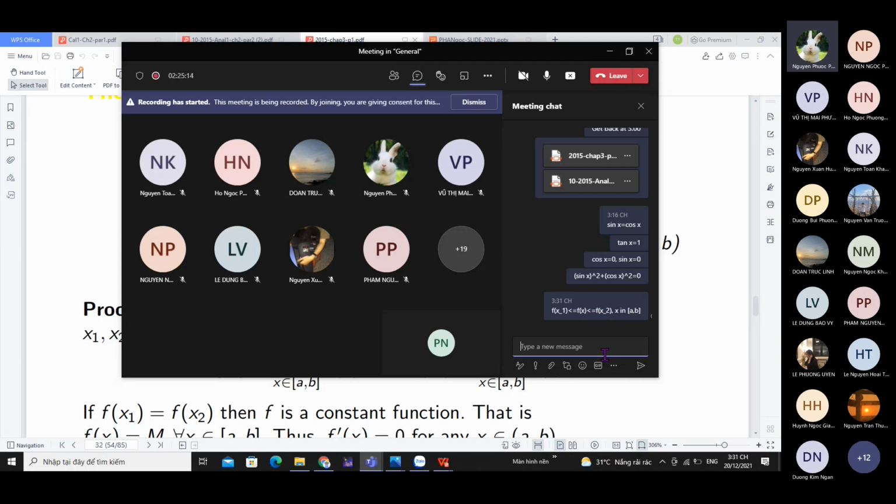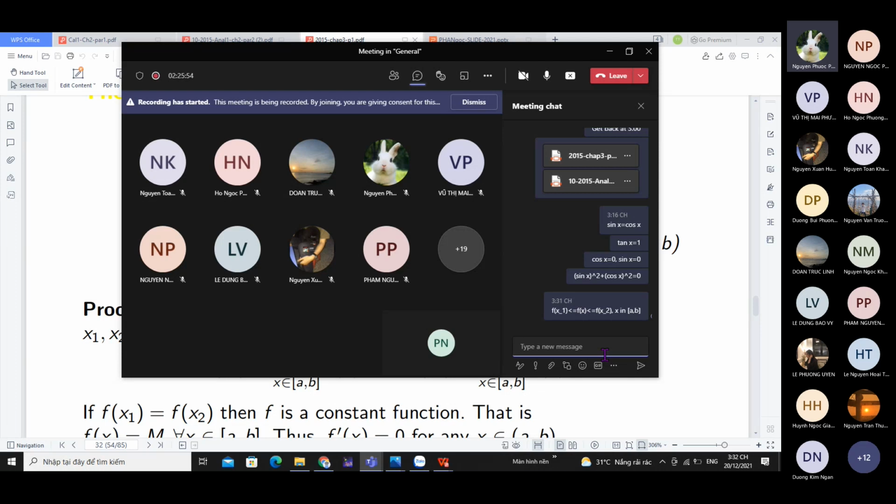Now, case 1: f(x1) equals f(x2). In this case, you have f(x) equals f(x1) equals f(x2) for any x in the closed interval AB. What does it mean? It means f(x) is just a constant function, because the value of f(x) does not change when x varies in the closed interval AB.